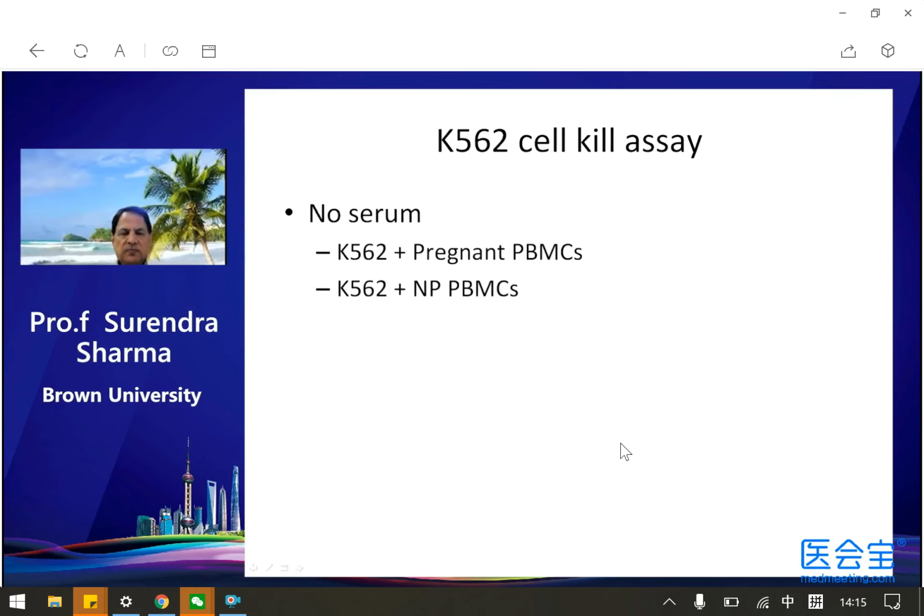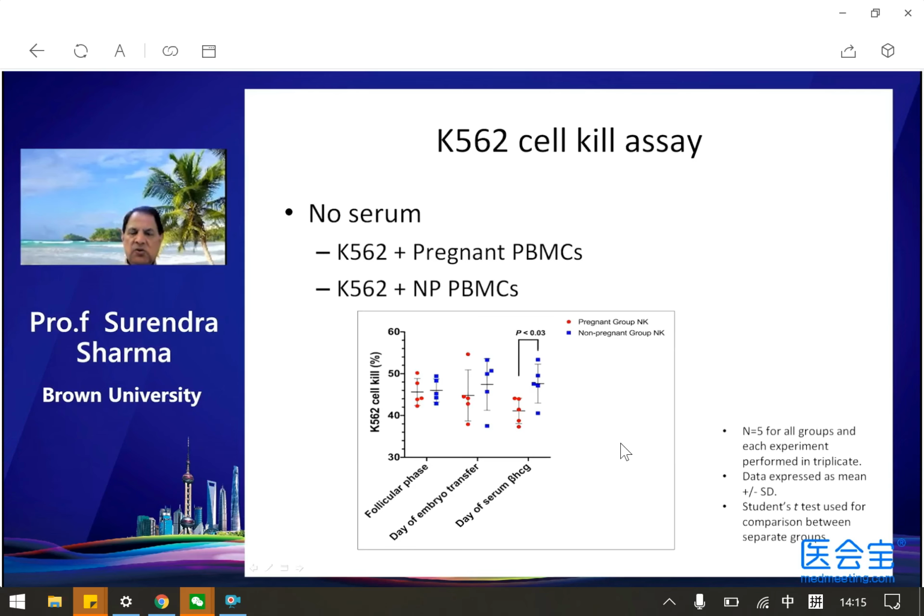So again, we have done these experiments in a number of ways, in the presence of no serum or serum. In the absence of serum, we take K562 and PBMCs from pregnant women and PBMCs from non-pregnant women.